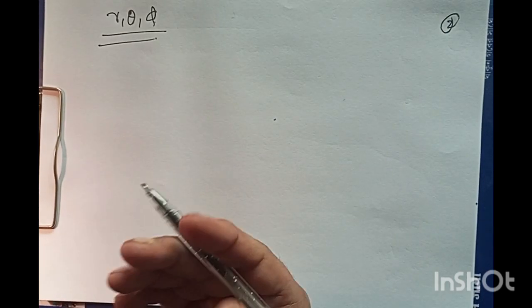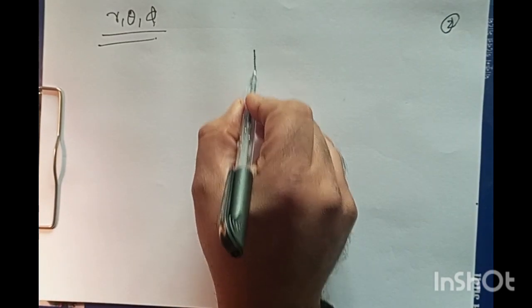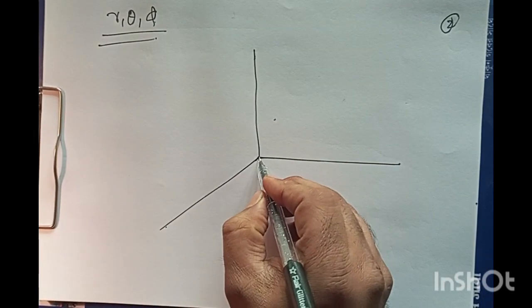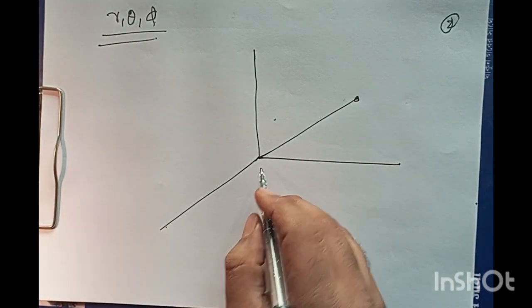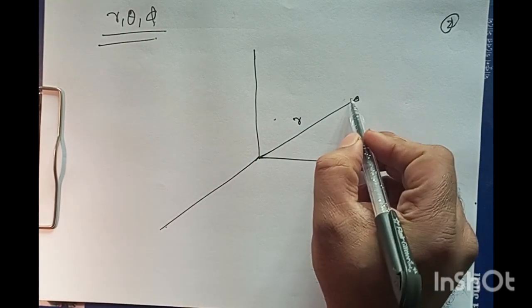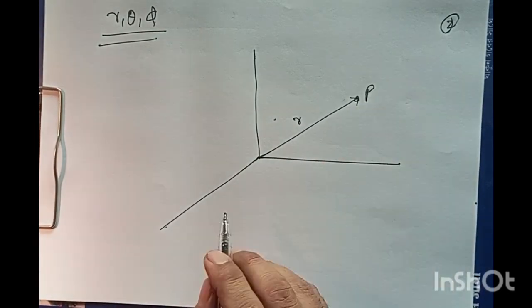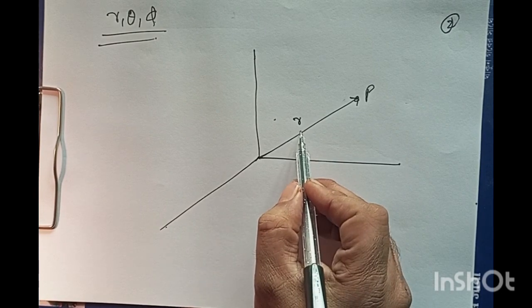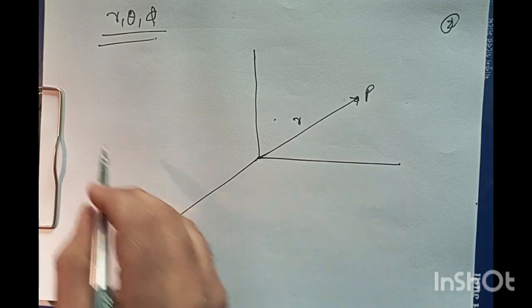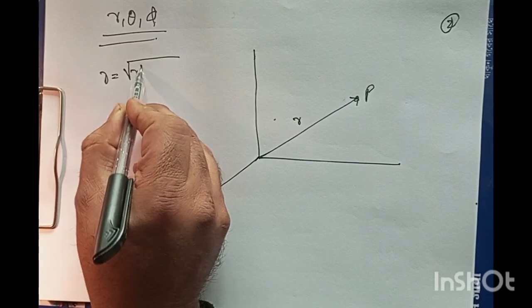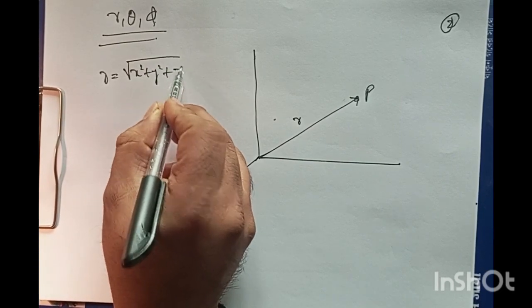To get an idea about it, if I draw something like this, I have a position vector r. This is a three-dimensional geometry, and we have, say, a point P in space. We can measure this r as the square root of x square plus y square plus z square.